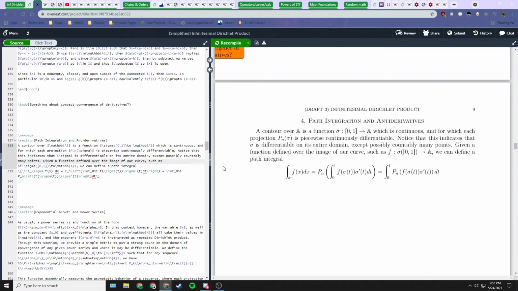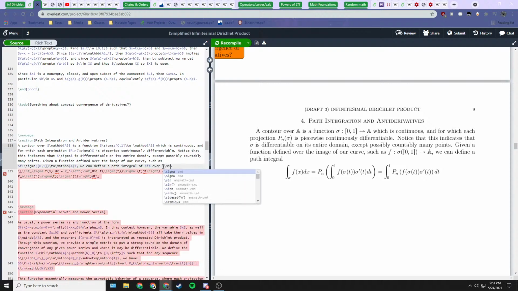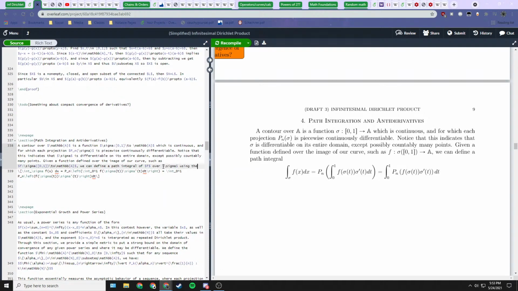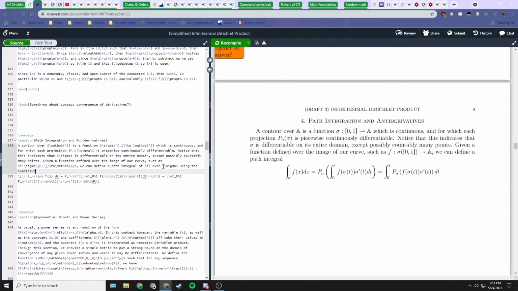So we've given ourselves these. Given a function defined over the image of our curve, such as f, which is mapping the image of sigma to a, we can define a path integral of f over sigma using the substitution rule, and we'll define that as this.